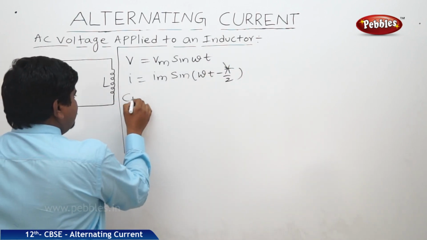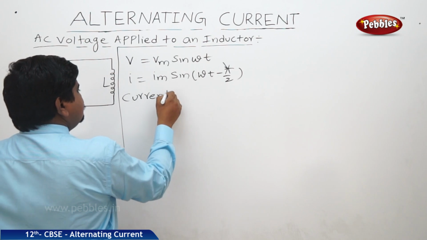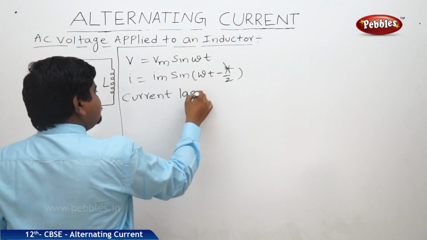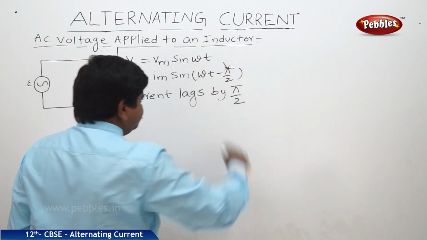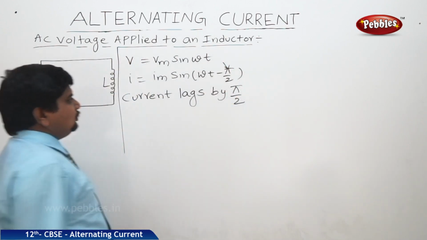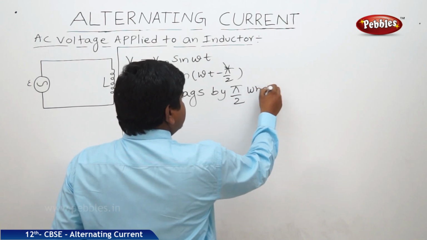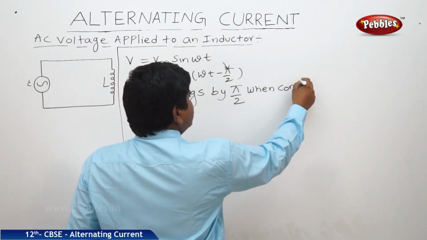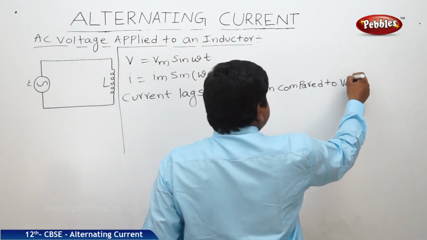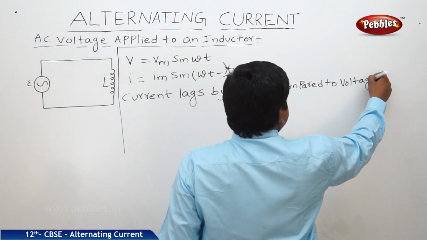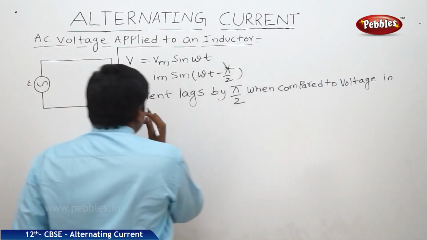Therefore, current lags by pi by 2 with respect to the voltage in the inductor.